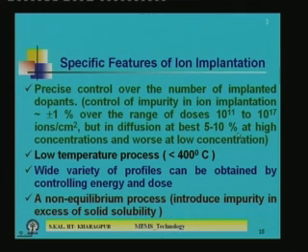Another aspect is that it is a low temperature process. Ion implantation is done below 400 degree centigrade, whereas diffusion is a very high temperature process. The normal temperature range is 900 to 1100 or 1150 degree centigrade.